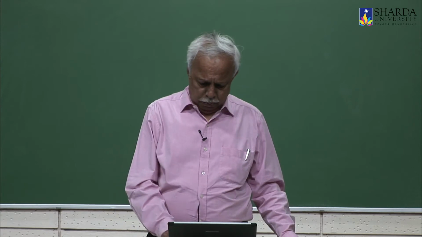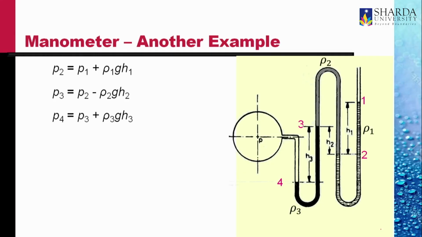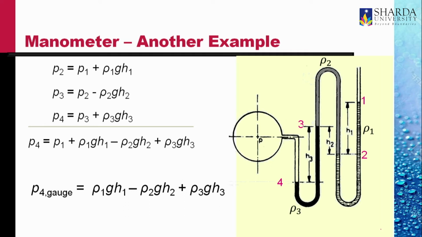Putting it all together, we get P4 is equal to P1 plus rho 1 GH1 minus rho 2 GH2 plus rho 3 GH3. Since P1 is the atmospheric pressure, the gauge pressure at point 4, P4 gauge, is given simply by rho 1 GH1 minus rho 2 GH2 plus rho 3 GH3.